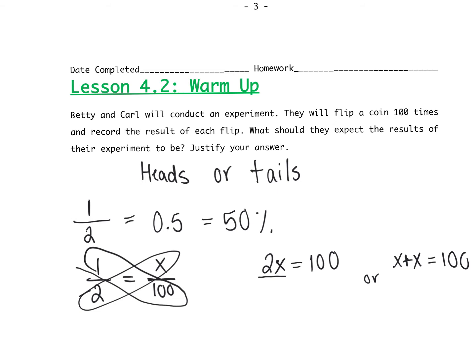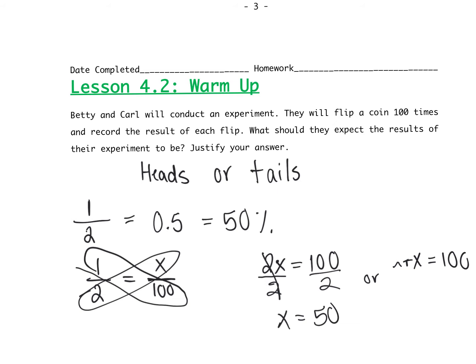That means I need to divide this into 2 sections, and the same work over here. So we divide both sides by 2. This becomes 1, so we're left with 1x equal to 50. Again, that's like saying I have 2 x's, and I divide that 100 into 2 equal parts of 50.